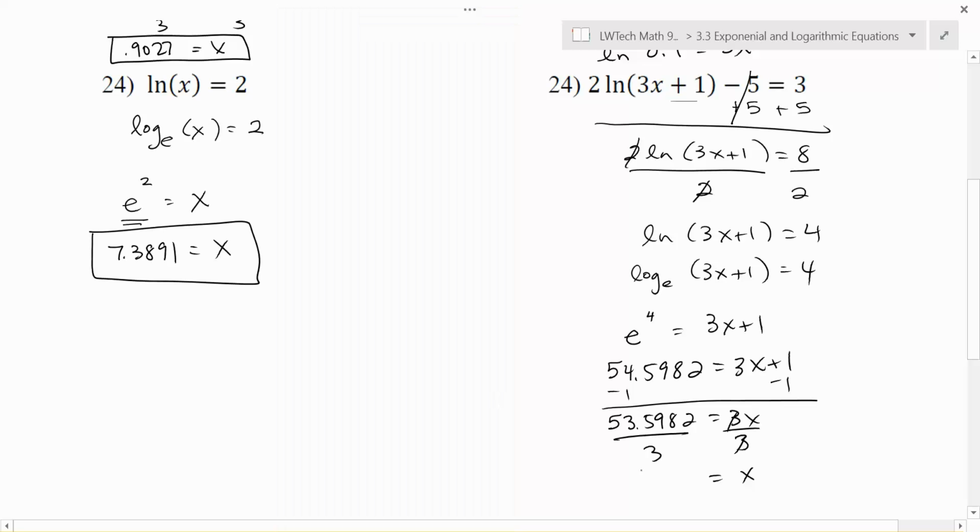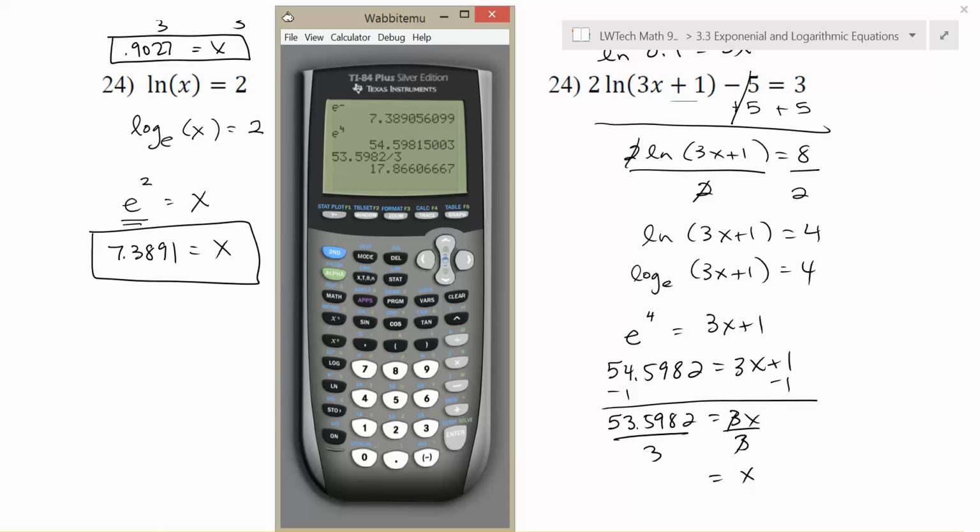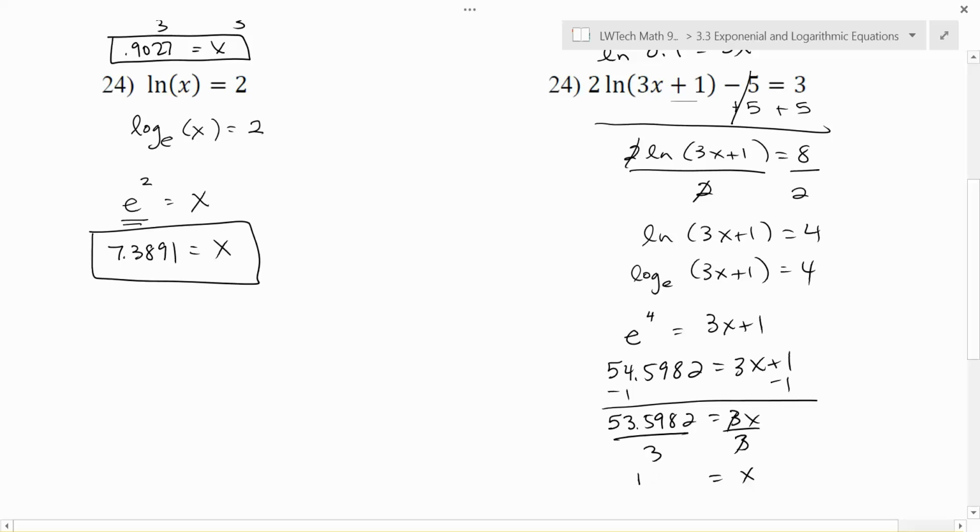And I'll get 17.8661 as my solution to that particular equation.